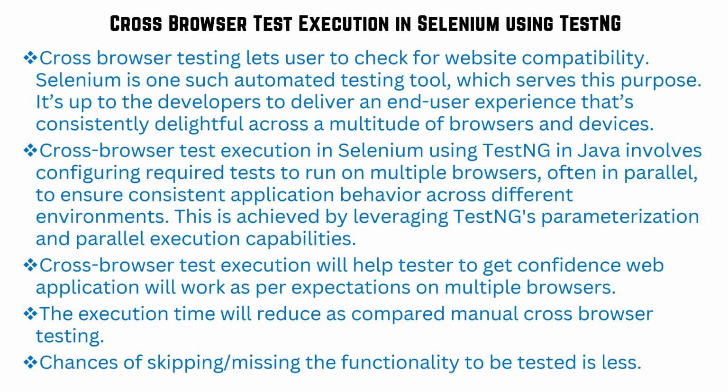This is achieved by leveraging the TestNG parameterization concept and parallel execution capability. Cross-browser test execution will help testers get confidence that the web application will work as per multiple browsers. The execution time will reduce compared to manual cross-browser testing, since it is an automated way, right? Chances of skipping or missing the functionality to be tested will be less.